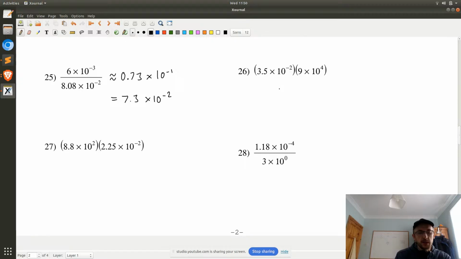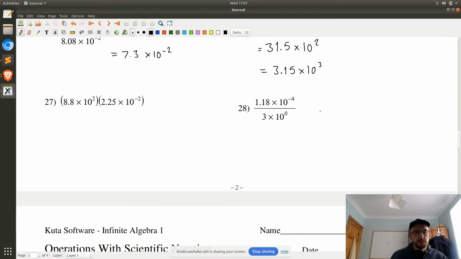Continue. 3.5 times 9, I can do that. 31.5. And I can do this. And that would be smaller, bigger, like that. And 8.8 times 2.25 compute.